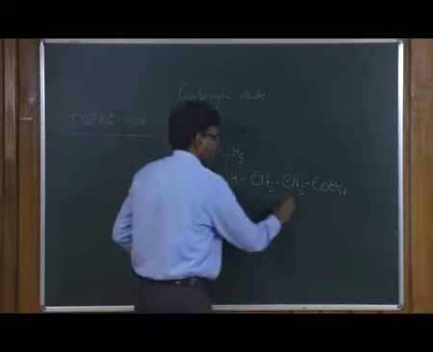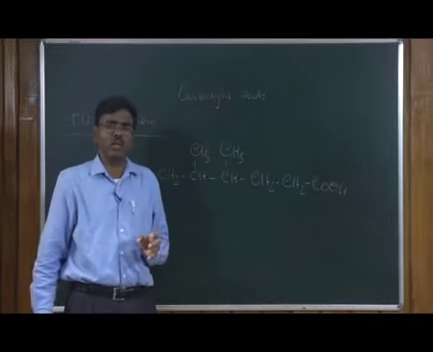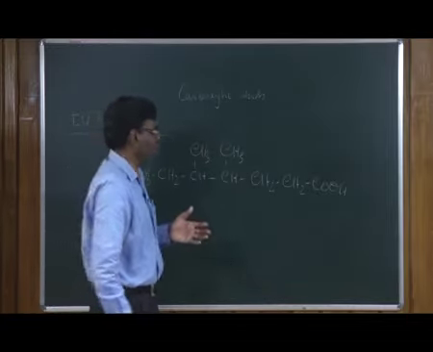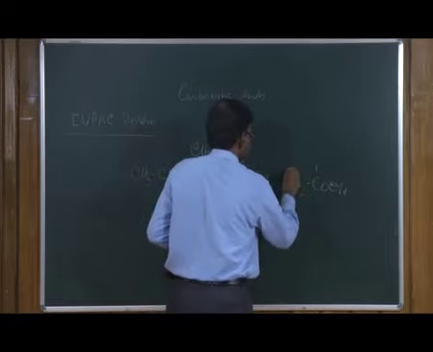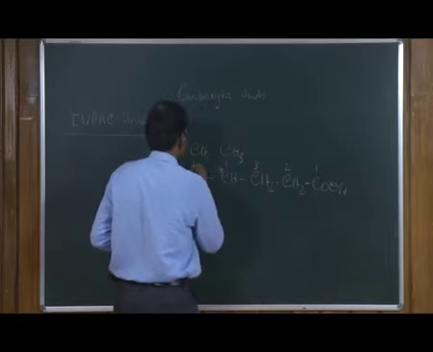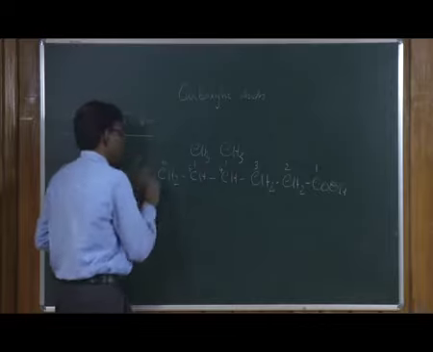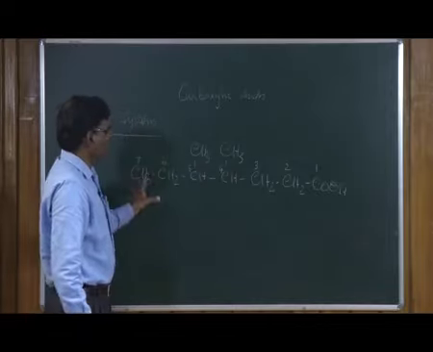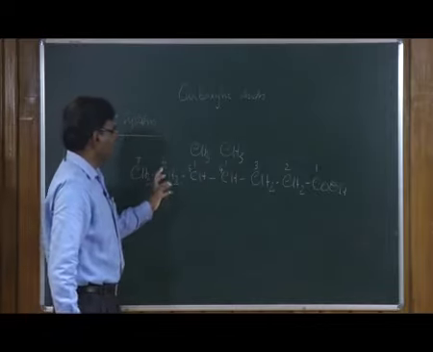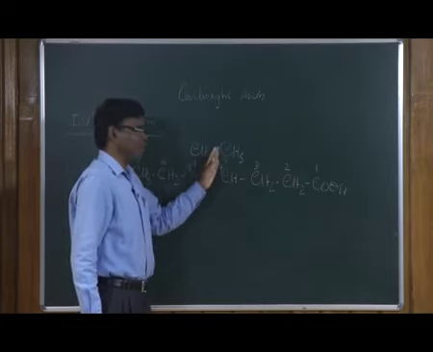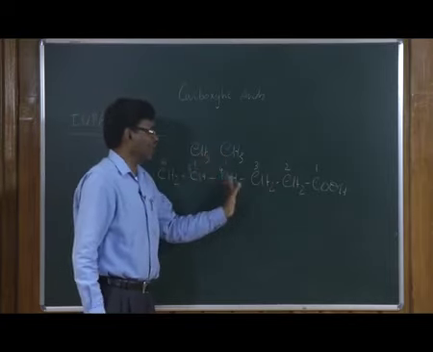This is the longest chain, and once we find it out, we have to start numbering from the carboxylic acid. Then we have to combine the name and position of the substituent with the name of the carboxylic acid.